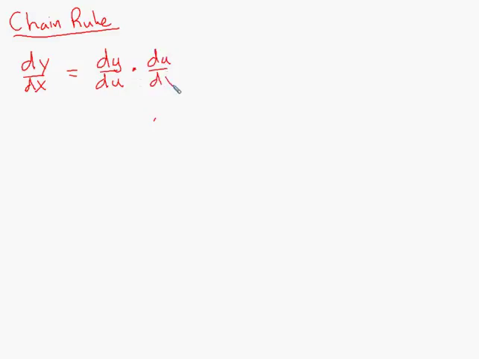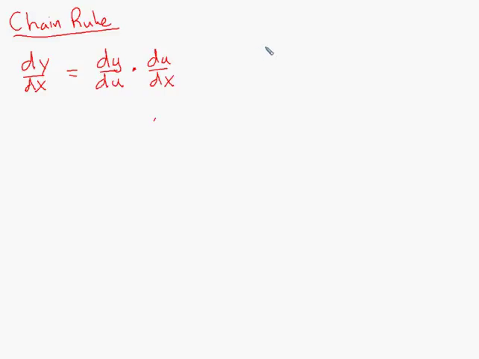Today we are going to do more with the chain rule. Is that what we did yesterday? For the most part. So dy/dx, the derivative of y with respect to x, equals dy/du times du/dx.